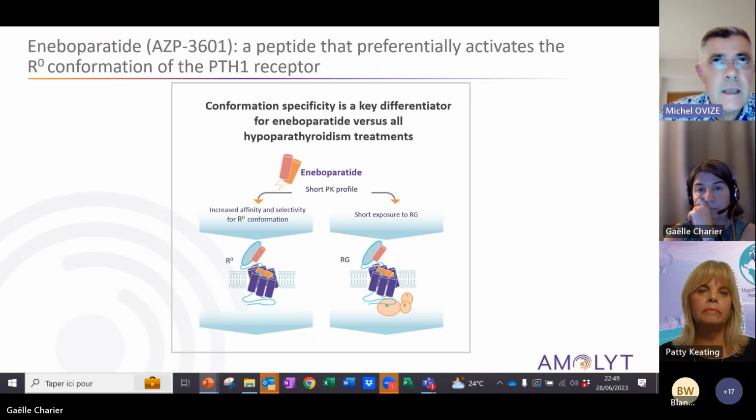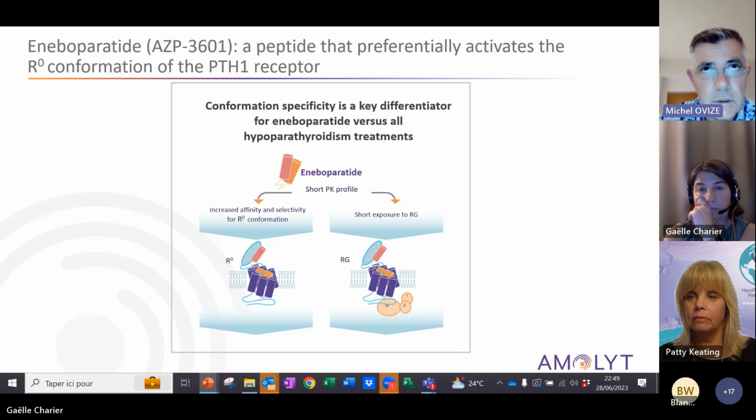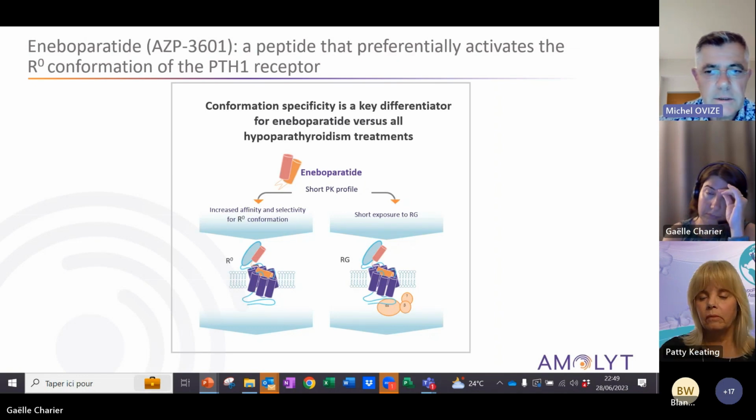And for the kidney aspect of the drug, many hypopara patients have what we call hypercalciuria, which means that you excrete too much calcium in urine. That might help develop what we call nephrocalcinosis or nephrolithiasis, which might end up in chronic kidney disease.